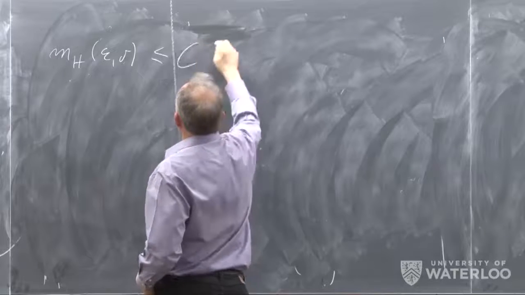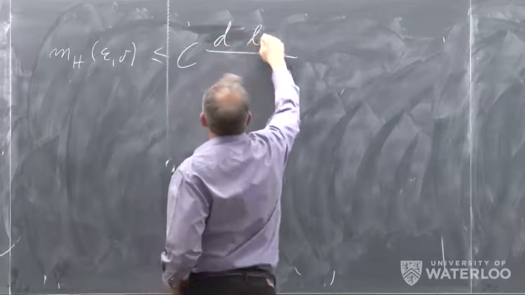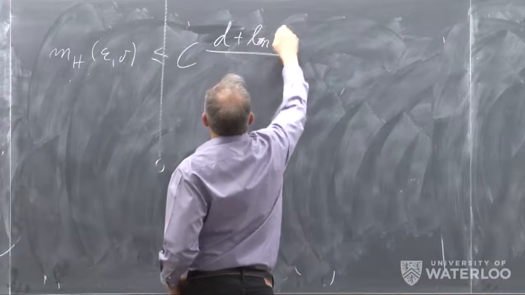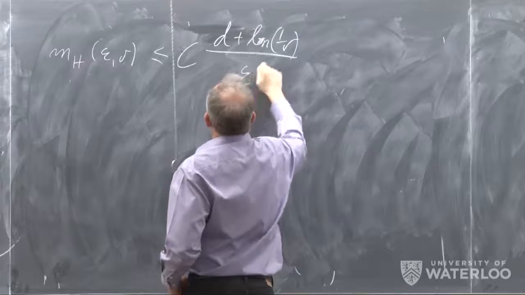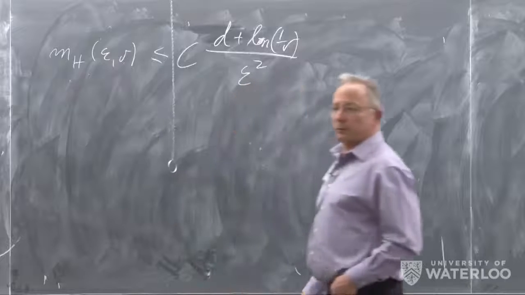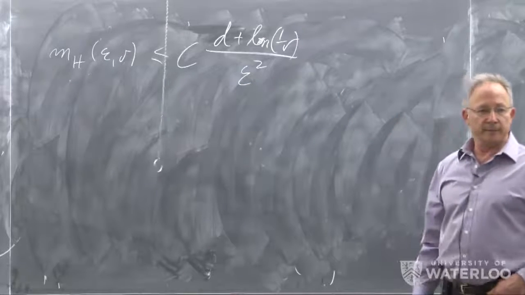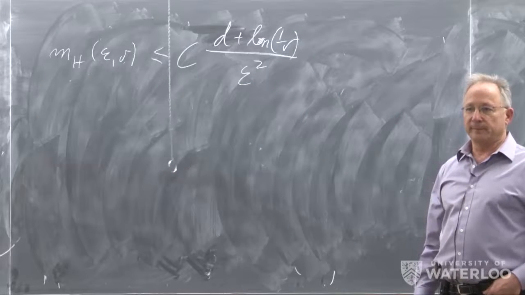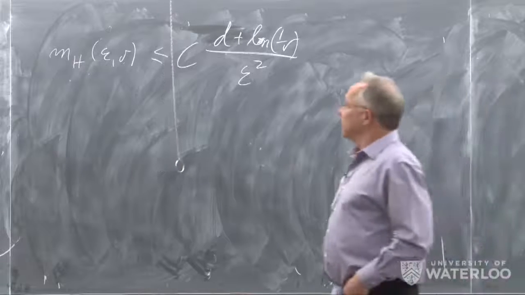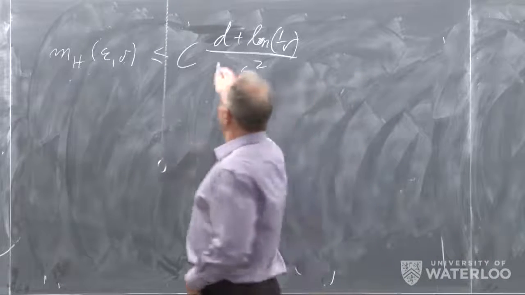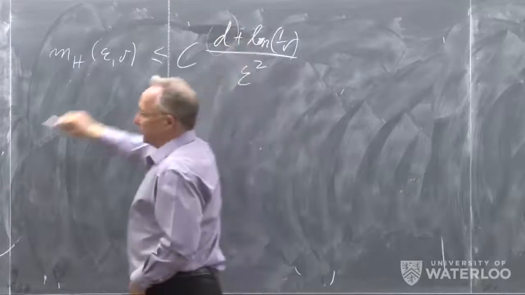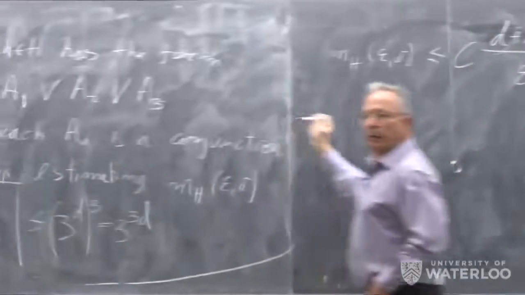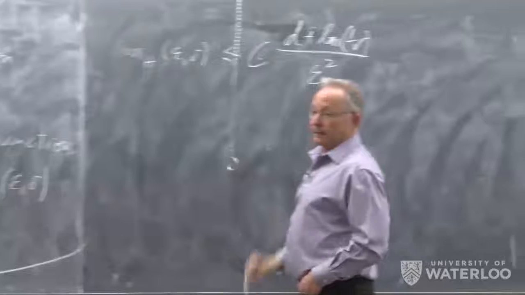So we have here some constant C times d plus ln 1 over delta, over epsilon squared, or just epsilon if you want to consider the realizable case. Because this is just the log of this guy, and all the constants are pushed into the C.